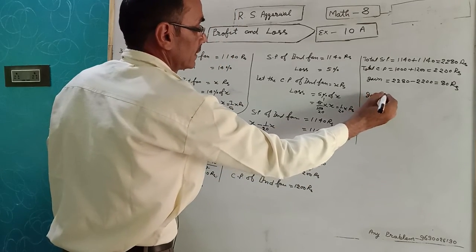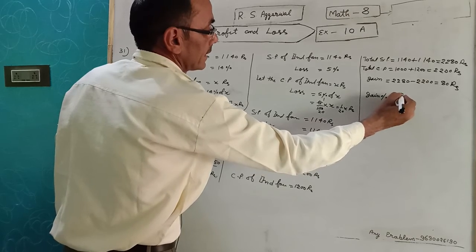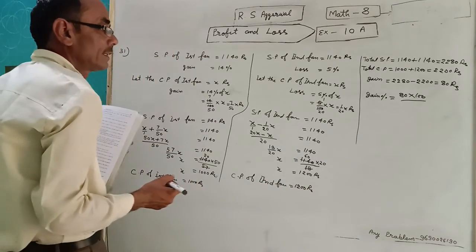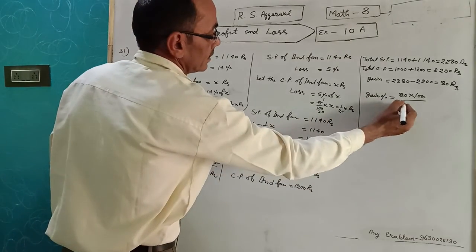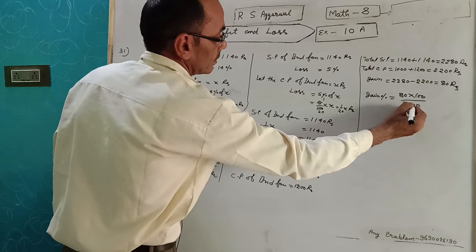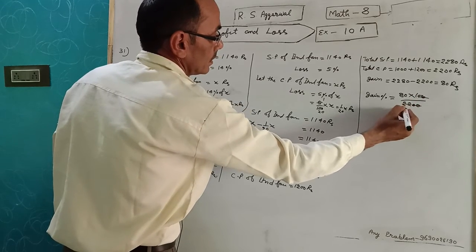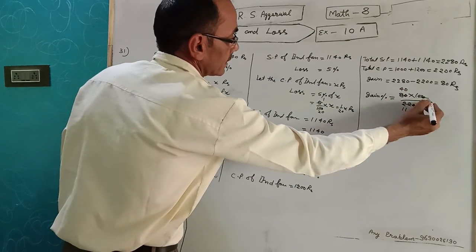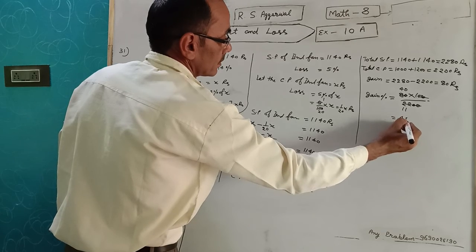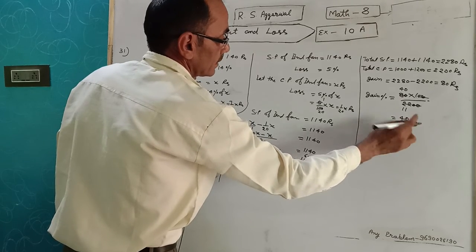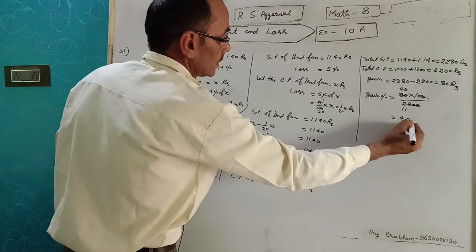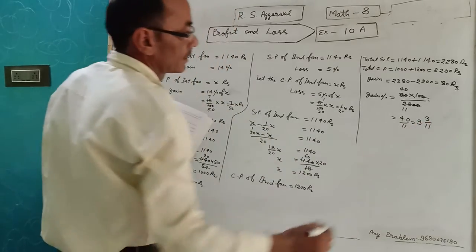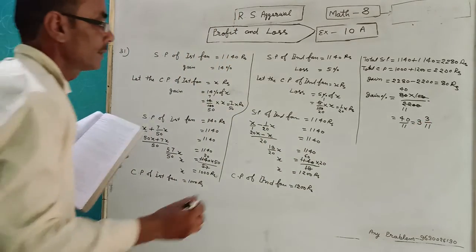Gain percent will be gain into 100 upon CP, 2200. 20 by 20, 11, and 2 is 40. 40 upon 11. After dividing, 3 whole 3 upon 11 is the gain percent.